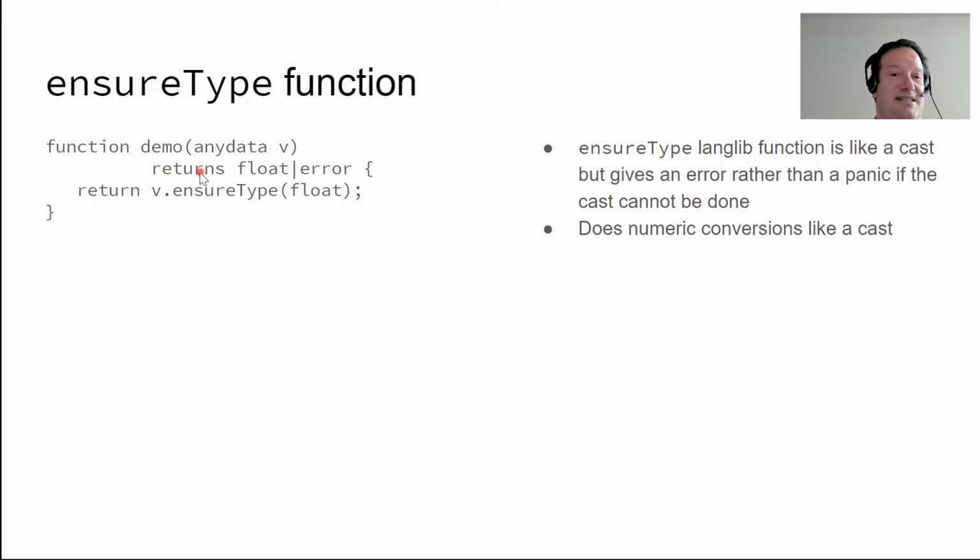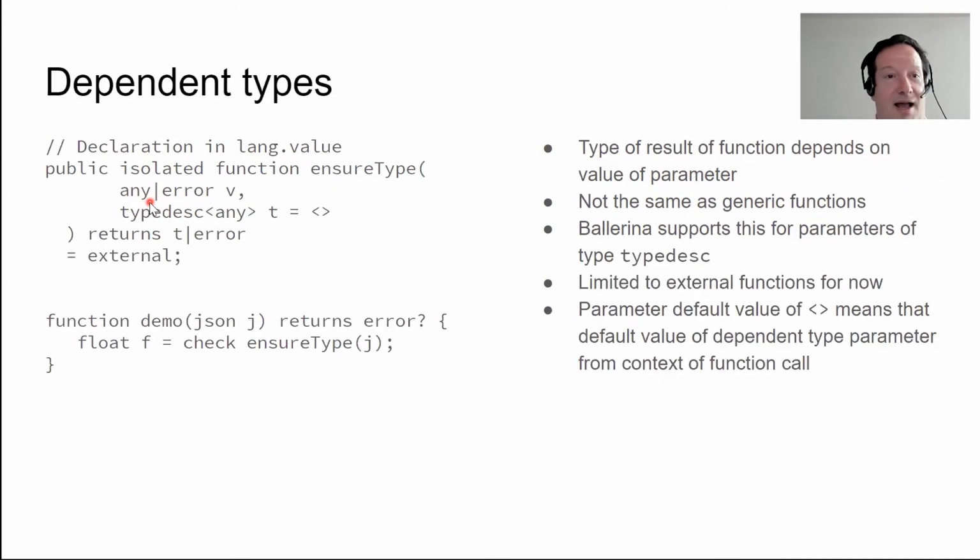Because v's any data, I put float here. How is it I don't need a cast to float, or error here? The reason you don't is because we have a funky feature called dependent types.